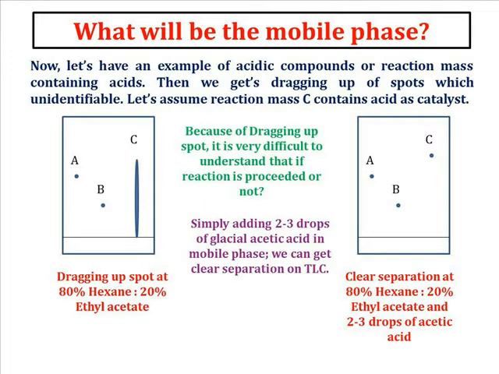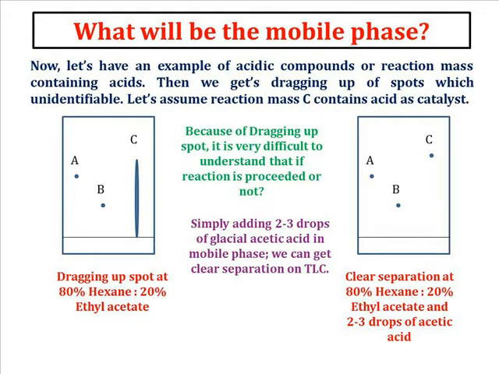Now sometimes a situation arises that some compounds show a steep line, a drag, when they are moving on a TLC. Some compounds are acidic, some are basic in nature. Some acidic compounds show a drag on the TLC, and because of that drag line, you are not able to conclude whether the reaction is really proceeding or not.